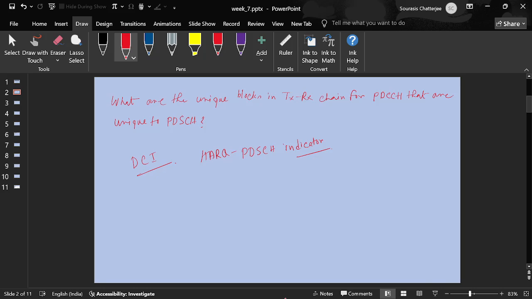Okay, so it basically tells you the slot, right? Slot in the sense both in time domain and frequency domain. Where to send it, right?